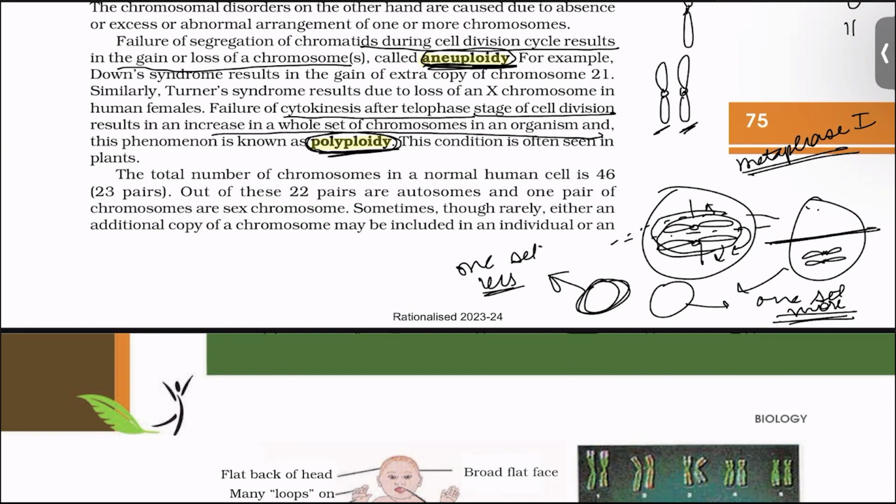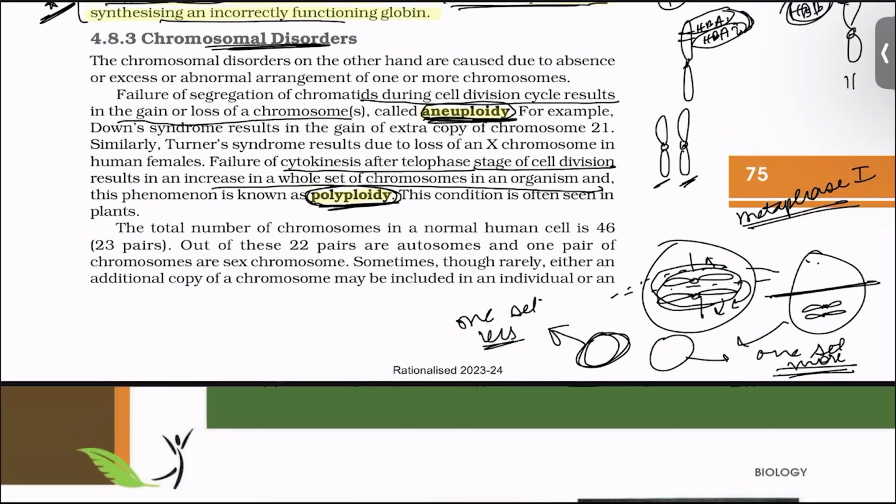So aneuploidy is when only one or two chromosomes, I mean, the entire set is of 23 pairs. So when there is an increment or decrement of one pair or two pair or maybe even three pair, this is known as aneuploidy.